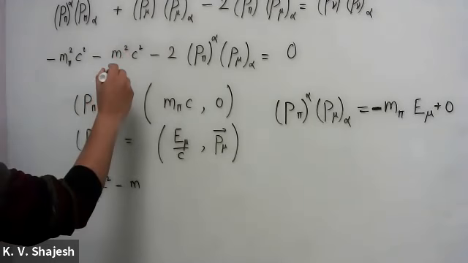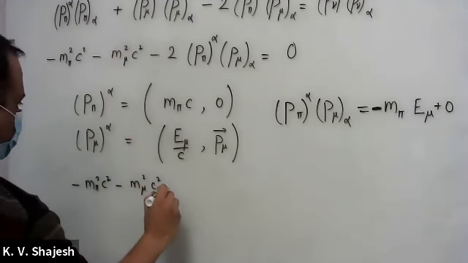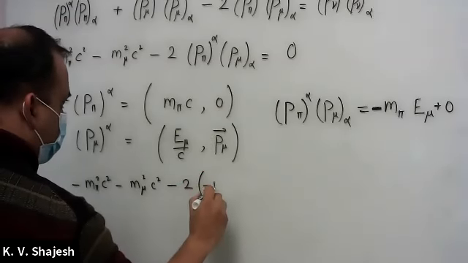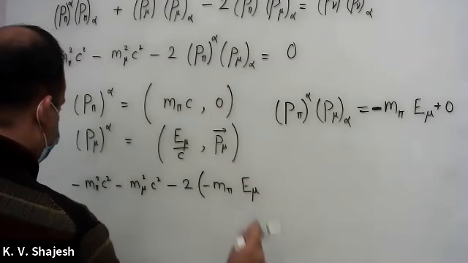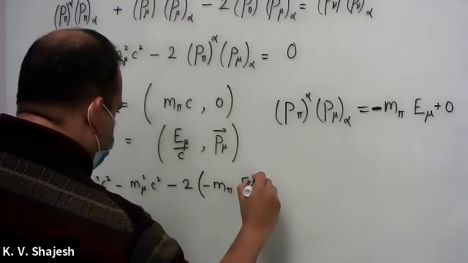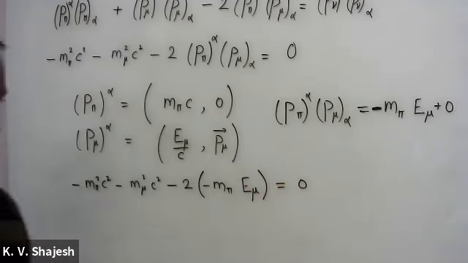It was m mu, right? m mu squared c squared, minus 2, and this is minus m pi times E mu, and that's equal to 0.